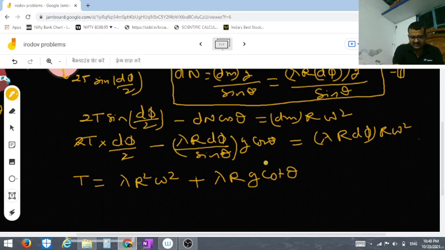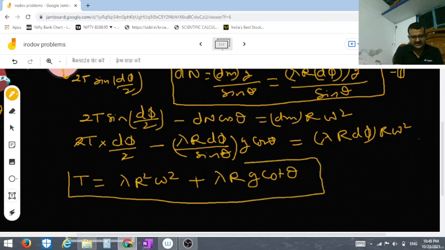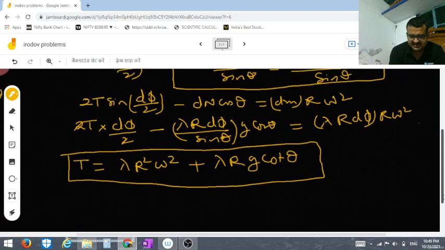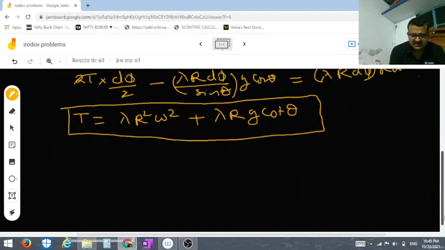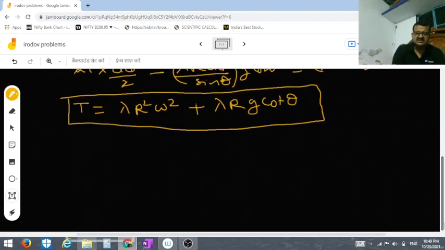Now we have done every analysis. We have determined the value of tension in the form of linear mass density of the chain, but in the question it is given that the mass of the chain is given, so I will try to determine that. For that we will do simple mathematics, nothing problematic in that.